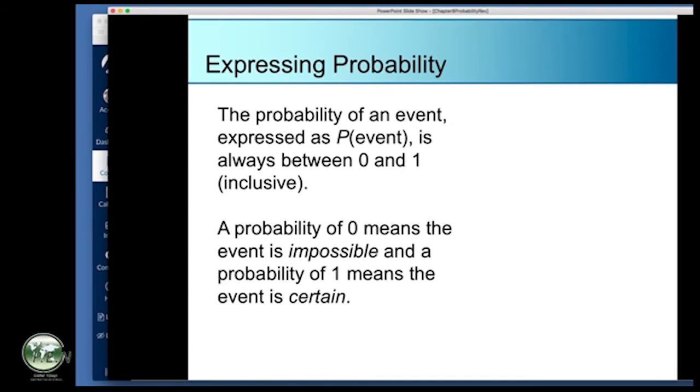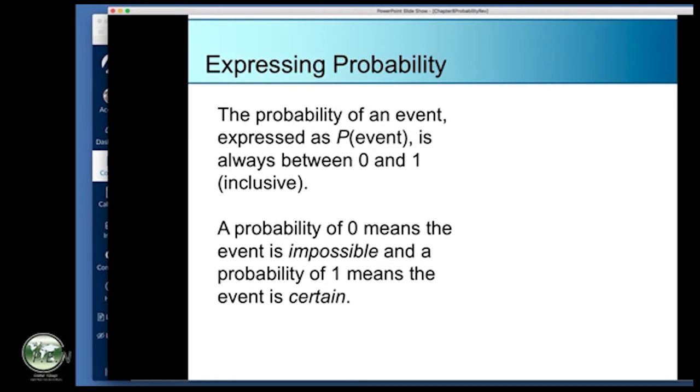So here's expressing probabilities. One way to do it is as a fraction. We can also do it as a decimal. But can you ever have more twos than trials? Can you ever have more of something happen than what you tried to have happen? If I only rolled 9 times, could I get 10 twos?